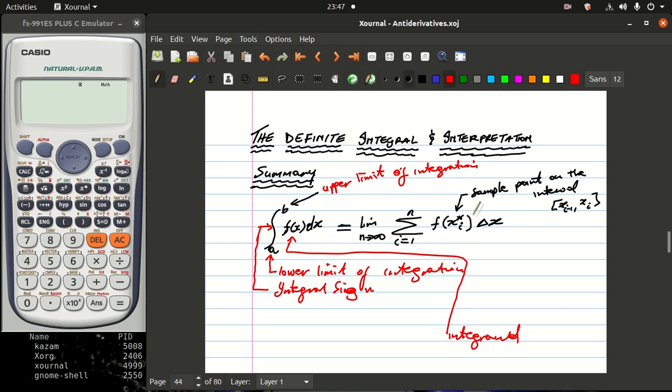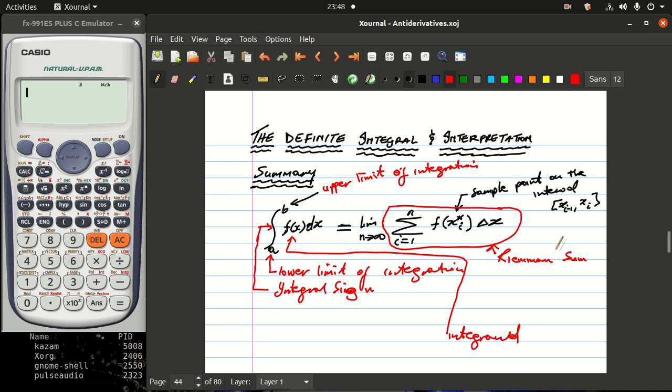And then when it comes to this part, you have the sum from i equal to 1 up to n of f of x star i delta x. This one is what we actually called the Riemann sum.